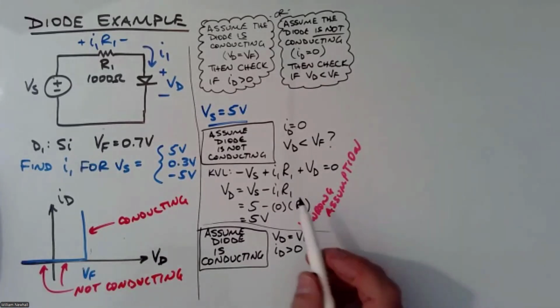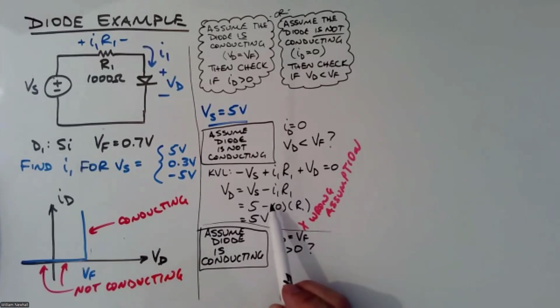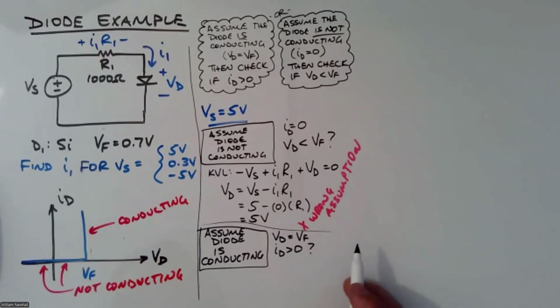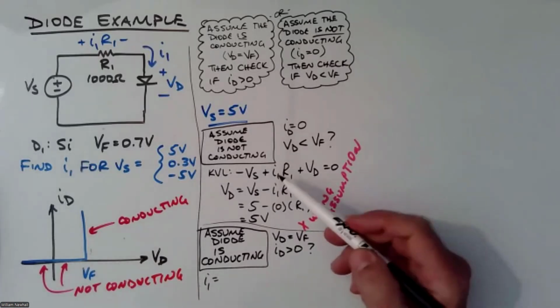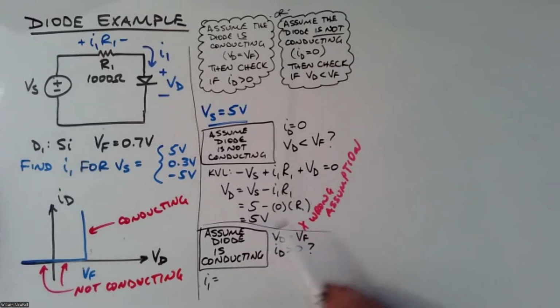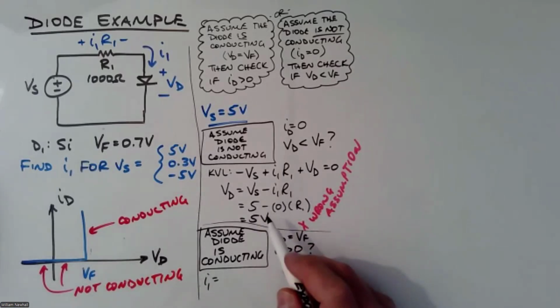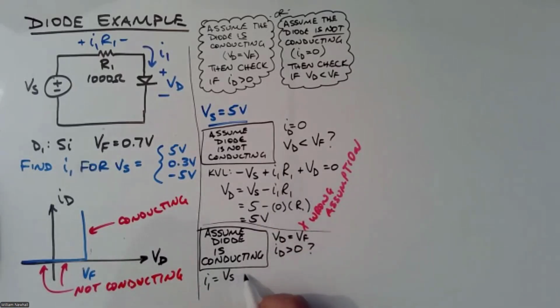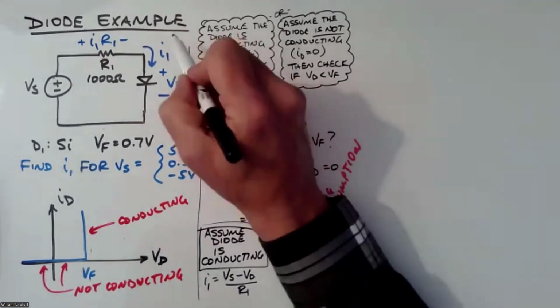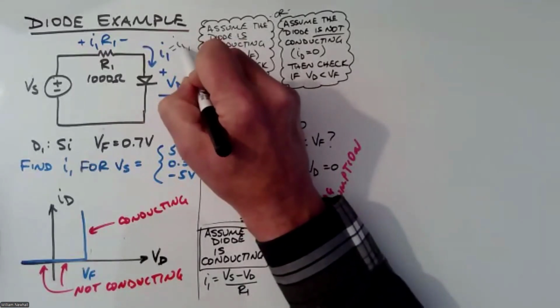Okay, so using this KVL equation, I can solve for I1, which is ID, right? ID equals I1 in this case. I1 is equal to VS minus VD over R1. And again, I1 equals ID.